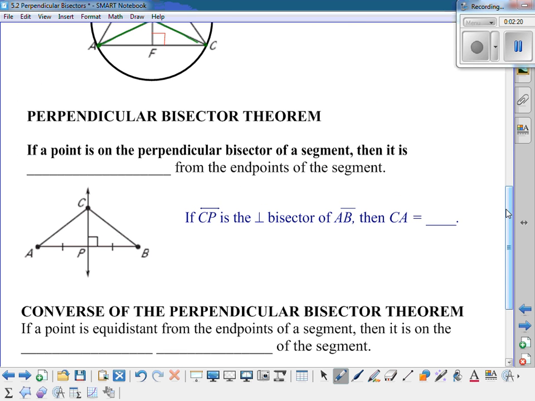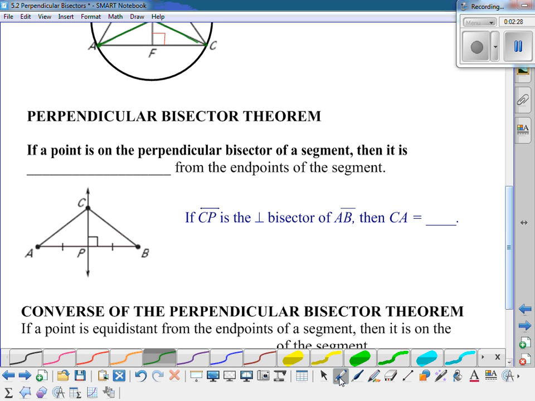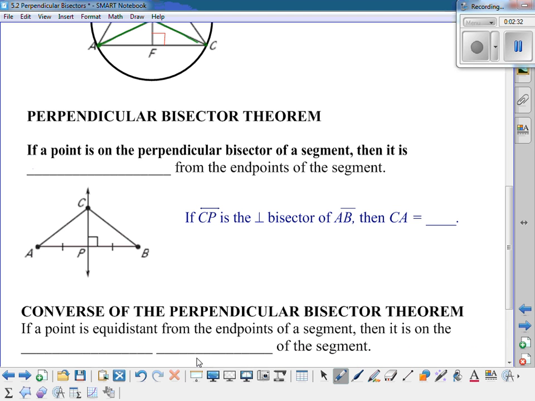The perpendicular bisector theorem says that if a point is on the perpendicular bisector of a segment, then it is equidistant from the endpoints of the segment. So in my figure here, I can see that it's a perpendicular bisector because AB has been bisected.